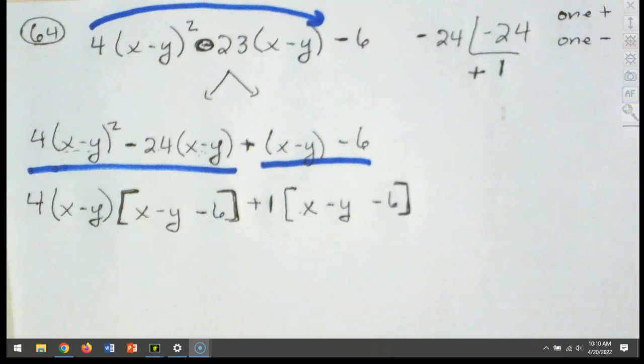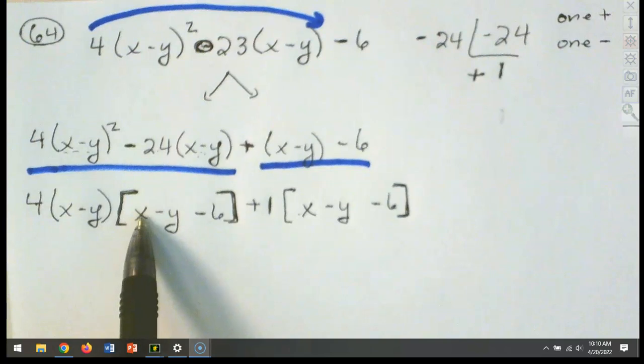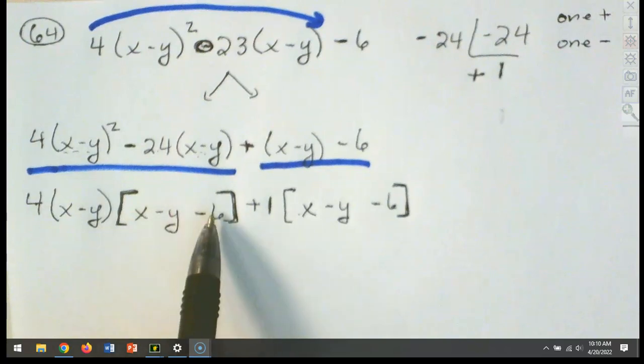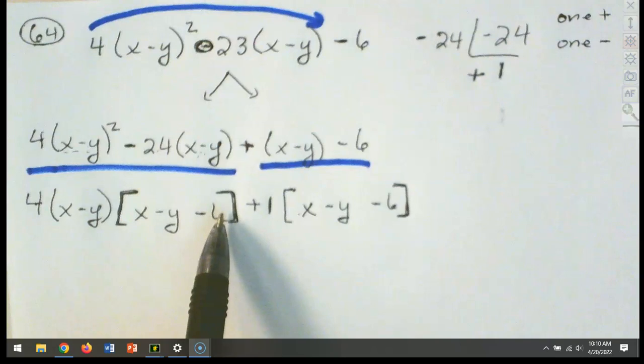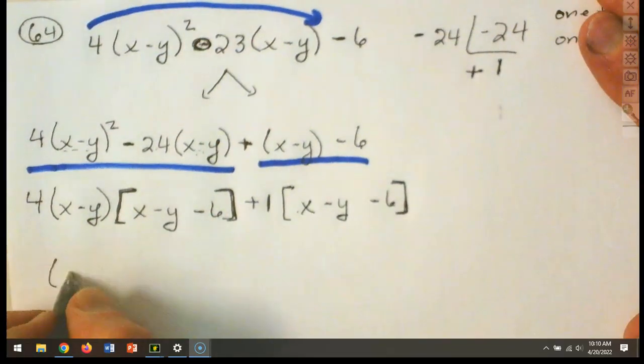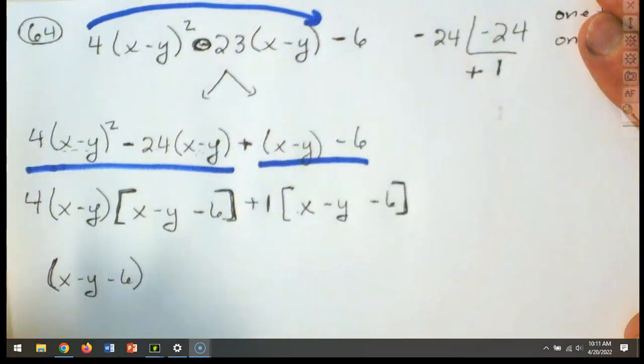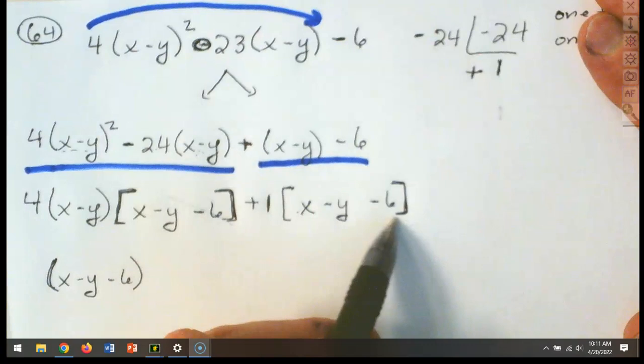That's the nice thing about this one, nothing's in common. Nothing can go together. Because when I look at my square brackets, x, y, and a 6, nothing's in common. So that's just going to leave you then with an x minus y minus 6. They're the same. We don't even have to break it down because those are the same.